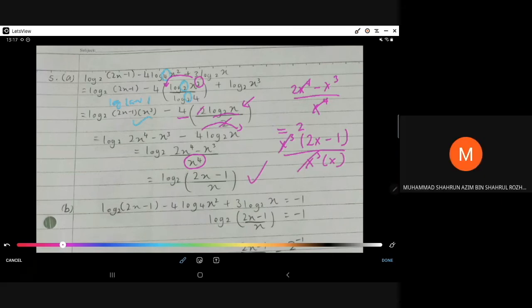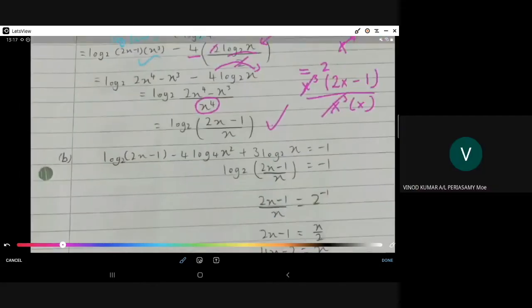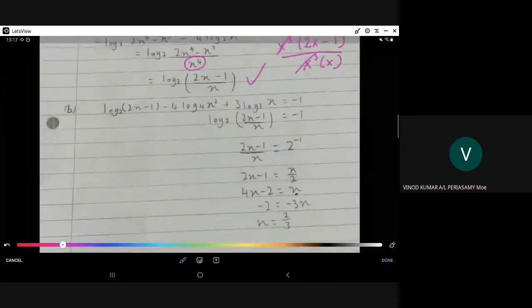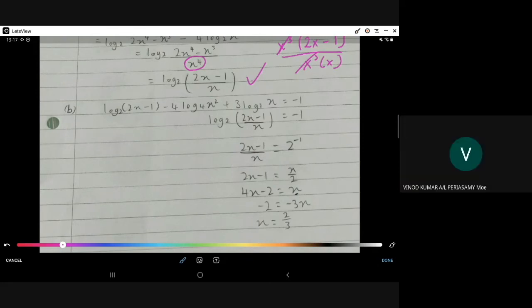For B, Vinod. Okay, so the answer we used earlier is log 2 of (2x minus 1 over x) equals negative 1. Okay, so this log form we change to index form so it is easier to see. The 2 is the base. The negative 1, in this case, we know that is the power.